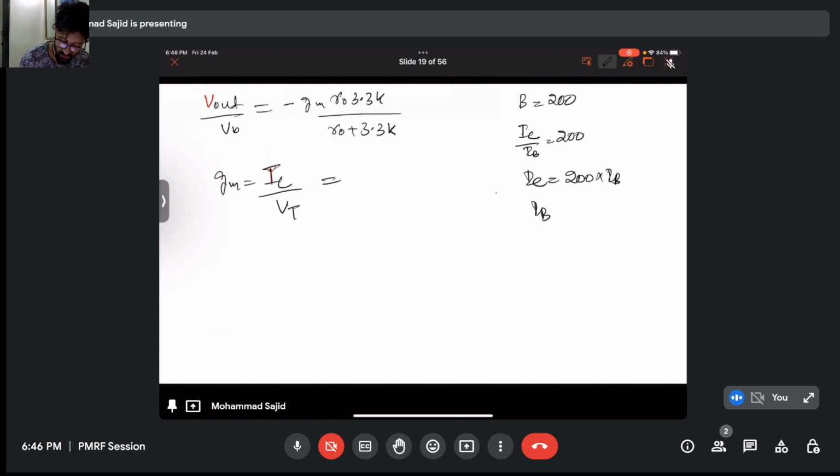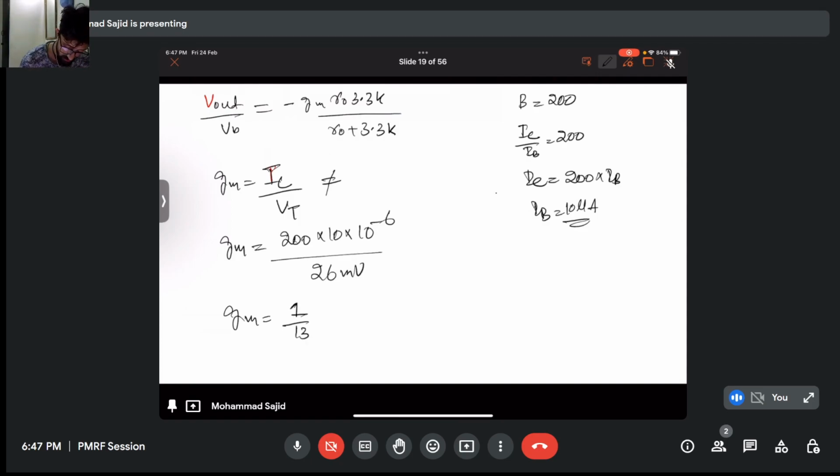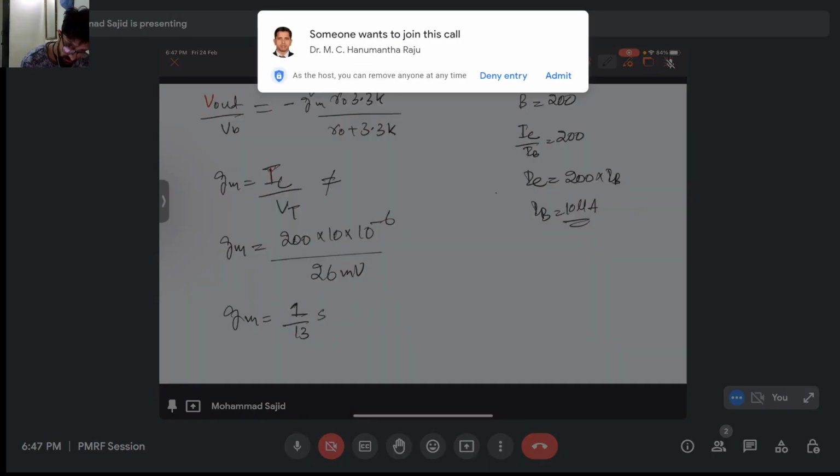And IB is given to us as 10 microampere, right? So my GM will be equivalent to IC, that is 200 into 10 into 10 to the power minus 6, divided by 26 millivolt. This will give me GM as 1 by 13 Siemens. Right, so now you know GM. Now the next step is calculating R0.